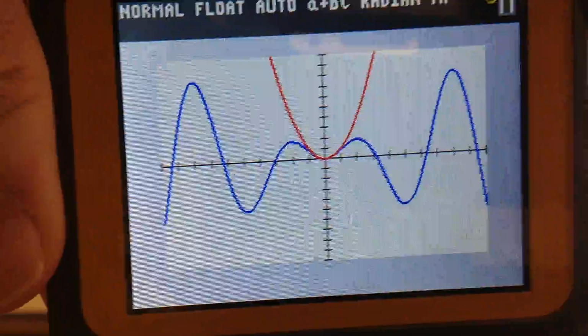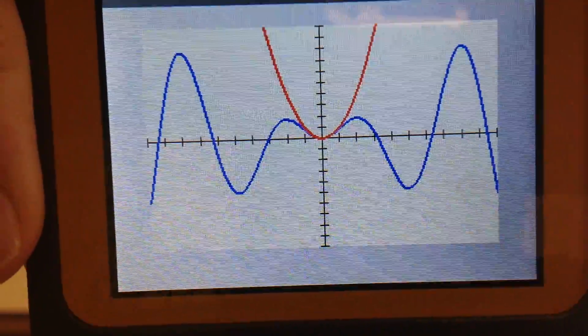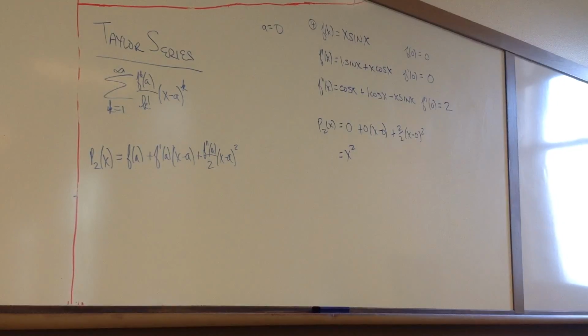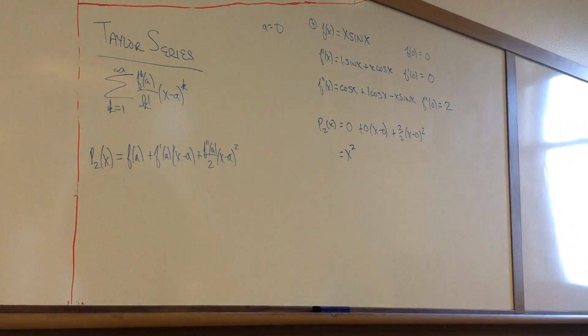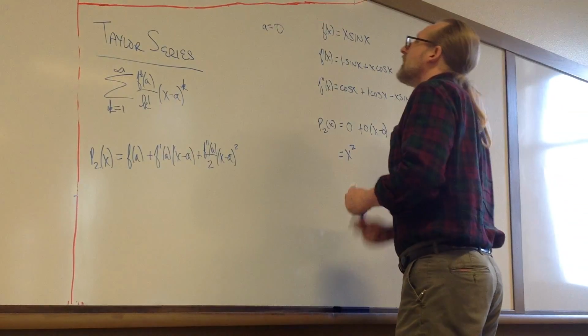There's our x sine x function, and there's the parabola coming down. It actually is pretty good right around the value of x equals 0. So that's not a bad approximating function. I think I left that as number 4, but technically, that was actually number 6.